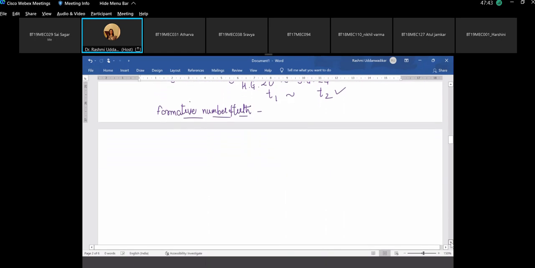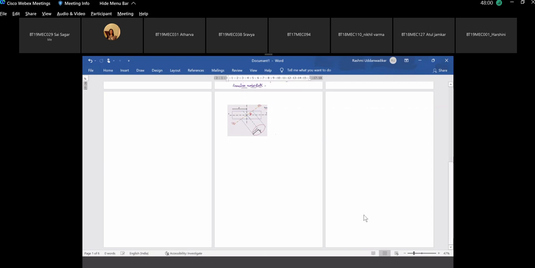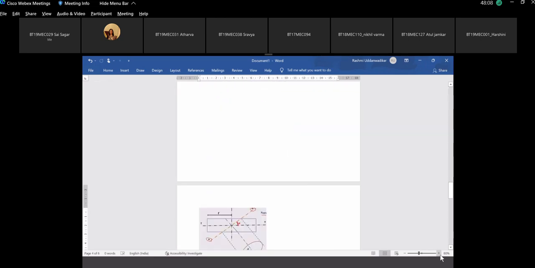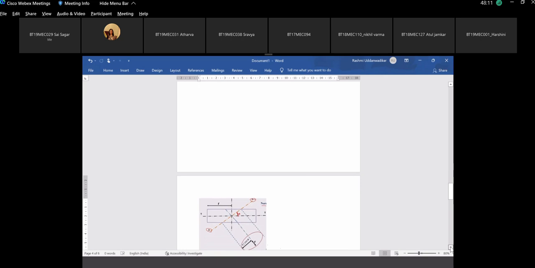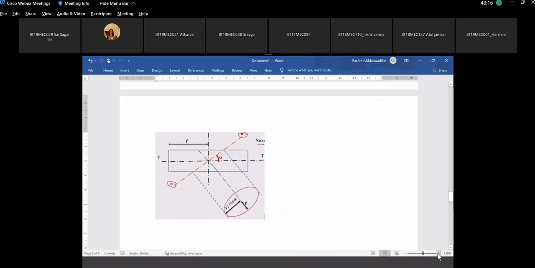This is slightly important. If I take a tooth and cut it along its section, there is an intersection of this normal plane with the pitch circle.